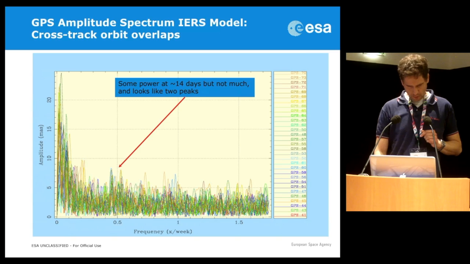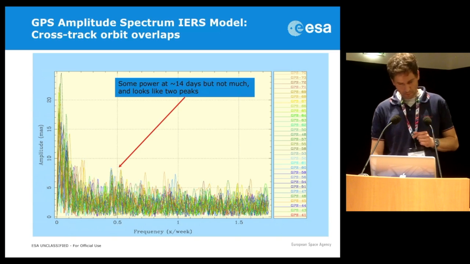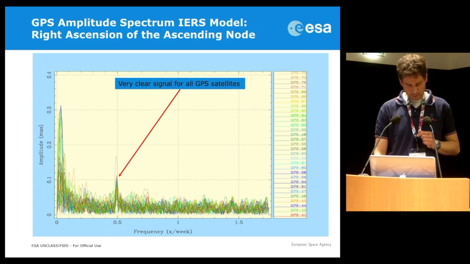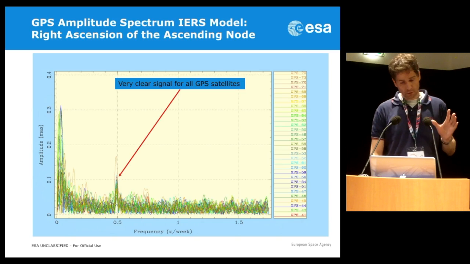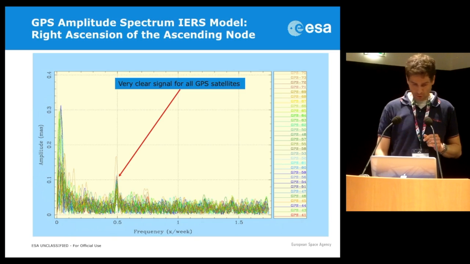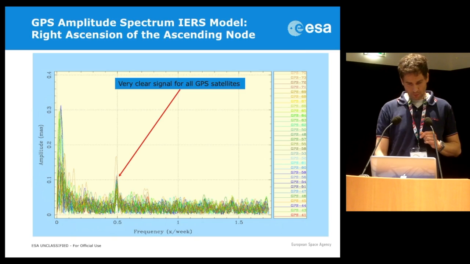So let us look into the right ascension of the ascending node. There, a very clear signal shows up for all GPS satellites. It's very clear, I think. Again, this was based on the IERS model, and the next slide will show you the spectra for the Gibson model. And you see the peak is almost gone for all satellites.